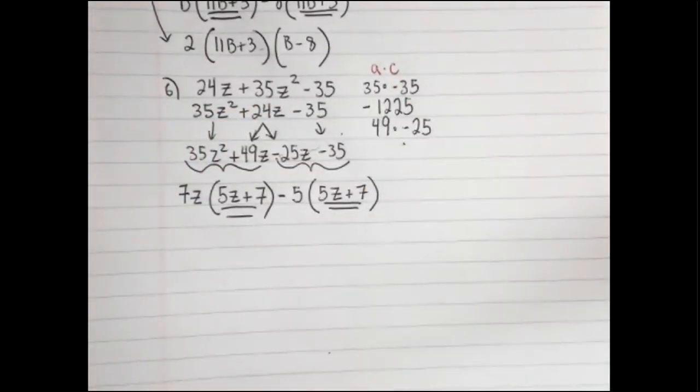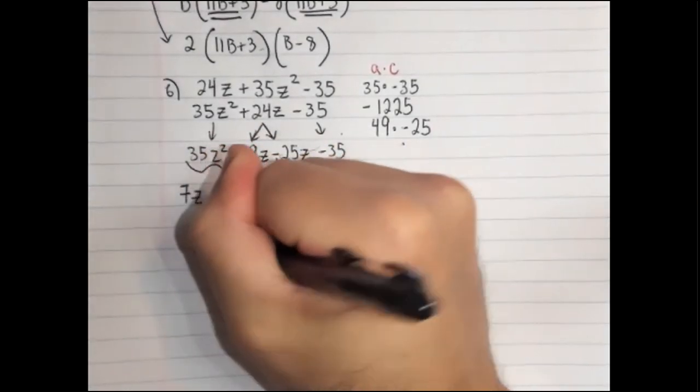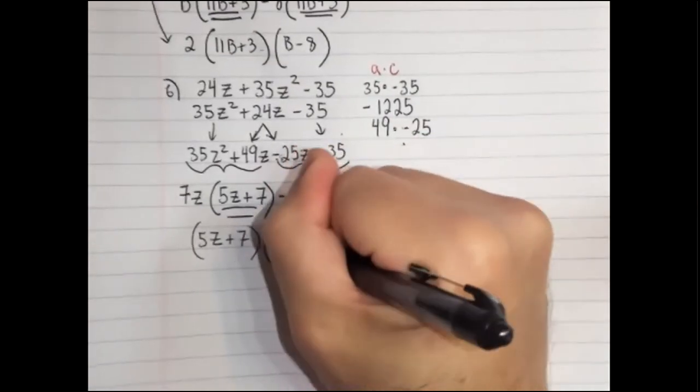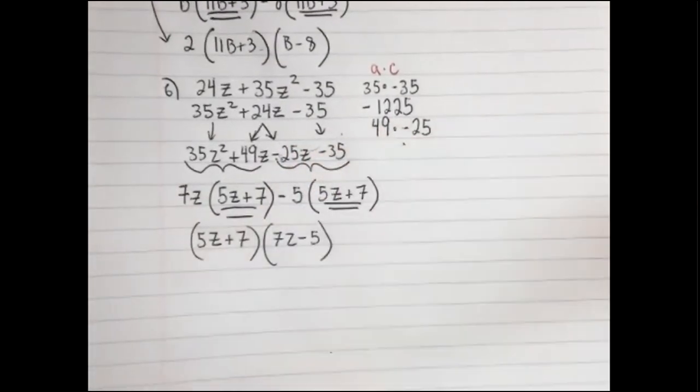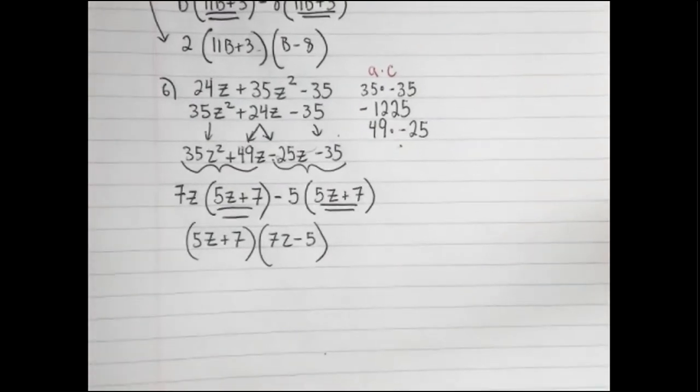So I have that same little combination there. Let's factor out the 5z plus 7, put it with the 7z minus 5. And we are done with that.